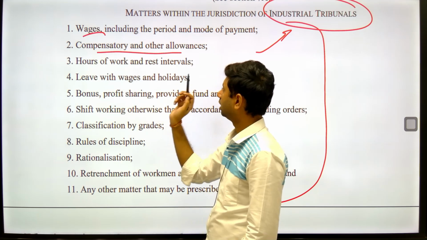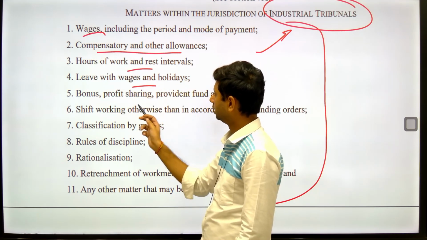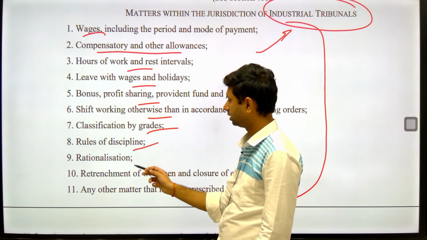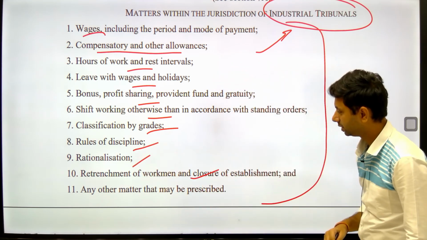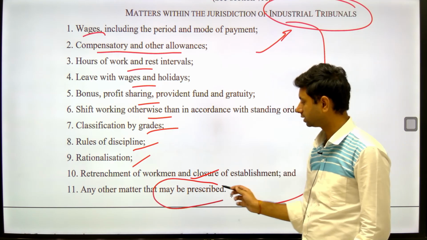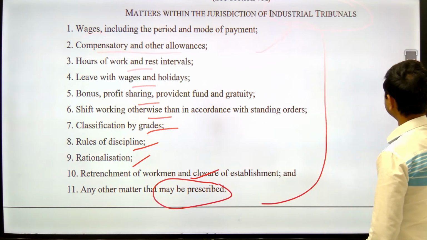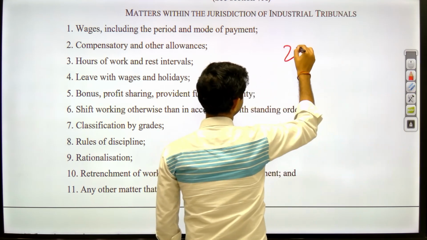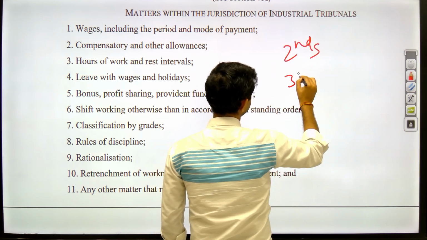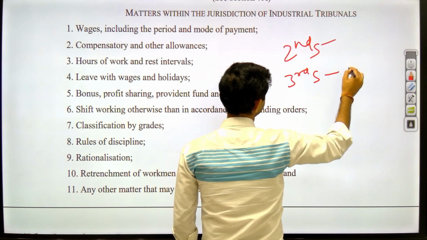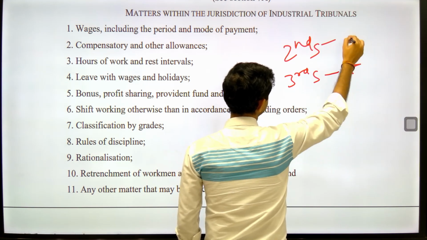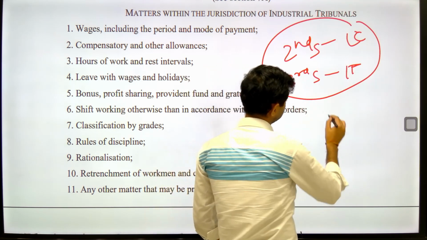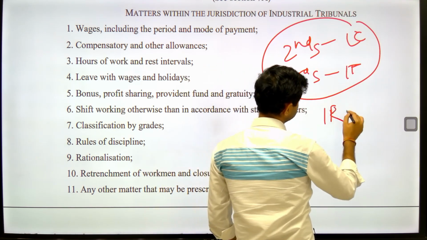Wages, compensatory allowances, hours, leaves, bonus, shift working, classification of grades, discipline, rationalization, retrenchment, and any other matter that may be prescribed. I hope this is very helpful for you. Second schedule, third schedule, industrial tribunals, labor court. And this is all mentioned under the Industrial Relations Code.